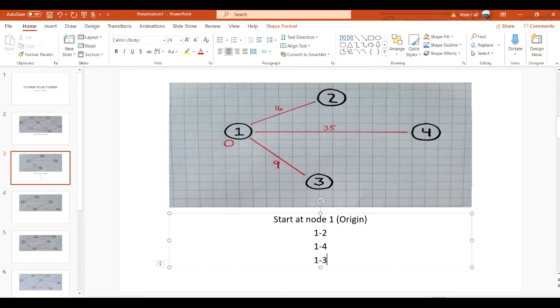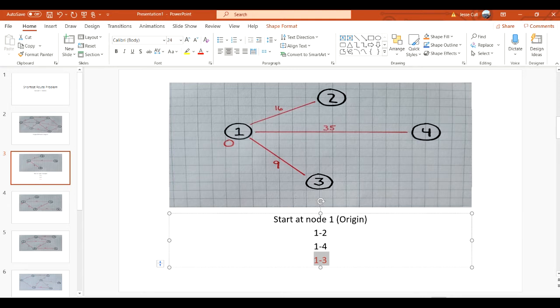We see very clearly that of the 3 nodes, the shortest time is 9 hours to node 3. From 1 to 3 is 9 hours. Thus, we've determined the shortest route from 1 to 3, Los Angeles to Phoenix. We now refer to nodes 1 and 3 as the permanent set, and that indicates we've found the shortest route to these nodes.